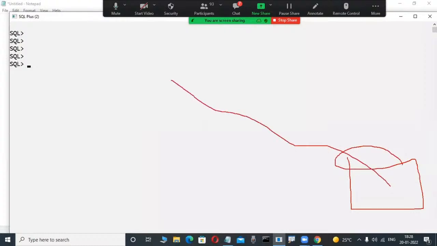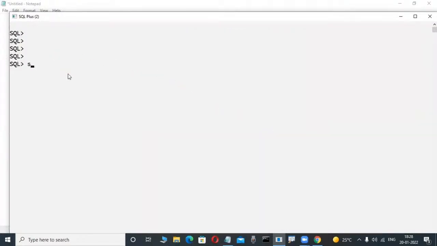How do they fetch this data? They write queries. These are called queries. Observe here: select star from table name where hire date is less than or equal to 1st January 1981.